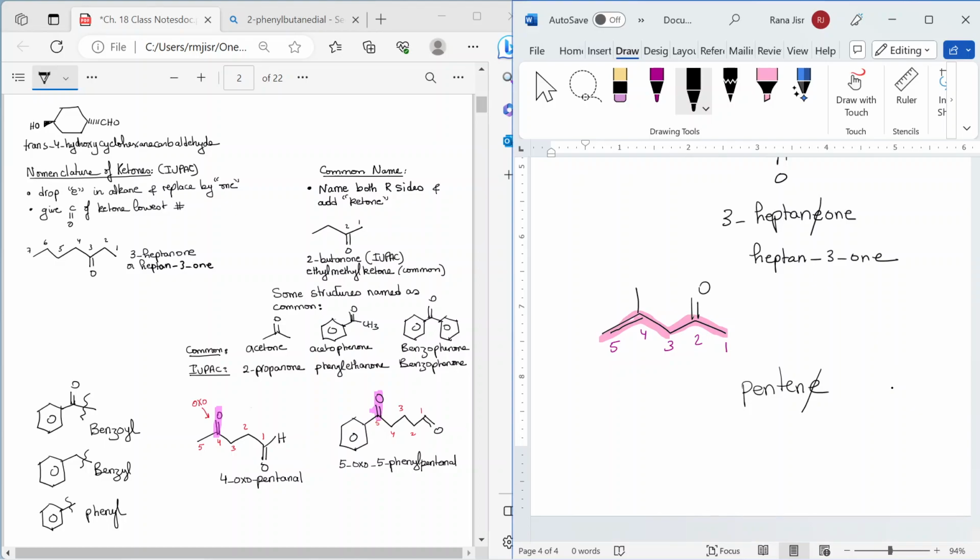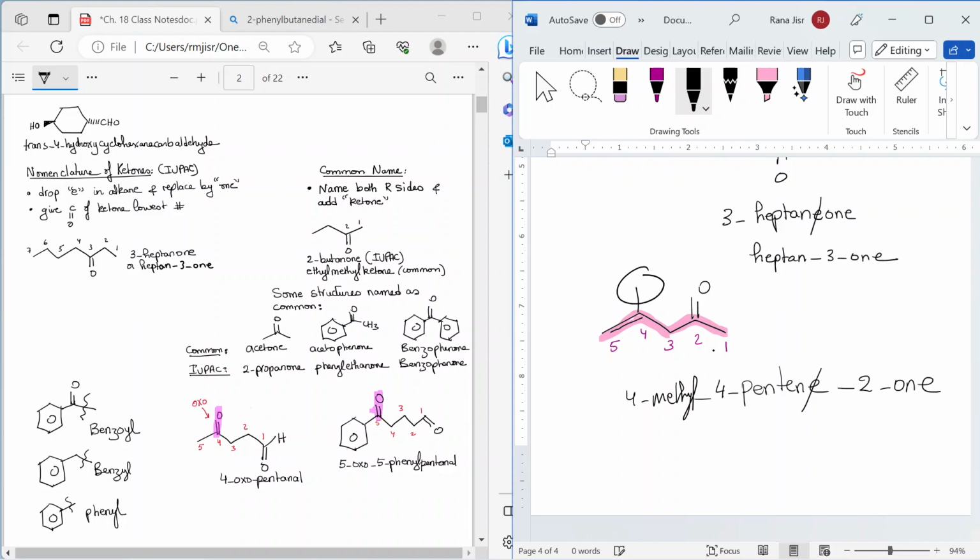I'm going to drop the E in there. But since it's a ketone, I need to give it a number, and I need to give a number also for the double bond. So the double bond is going to be 4 pentane, drop the E, and then put a number for the carbonyl, and then it's going to be 2-one, and the name is going to be 4-methyl.